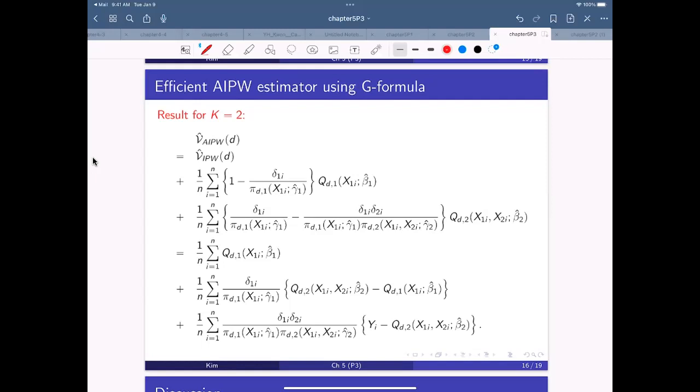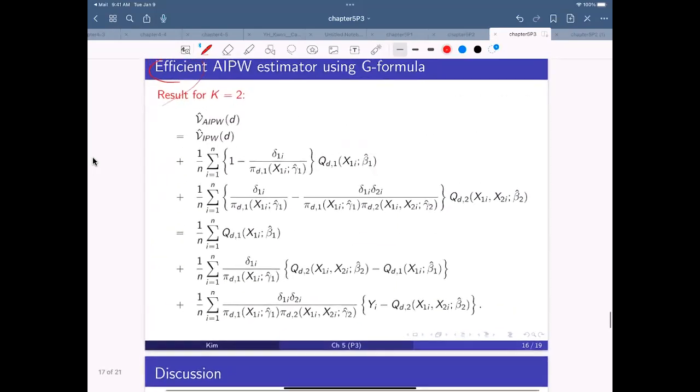One is the model using X1, X2, while this one is the model using X1 only. So you can improve the estimator. If you take the expectation, this one cancels, so they are unbiased. But this is the most efficient one.